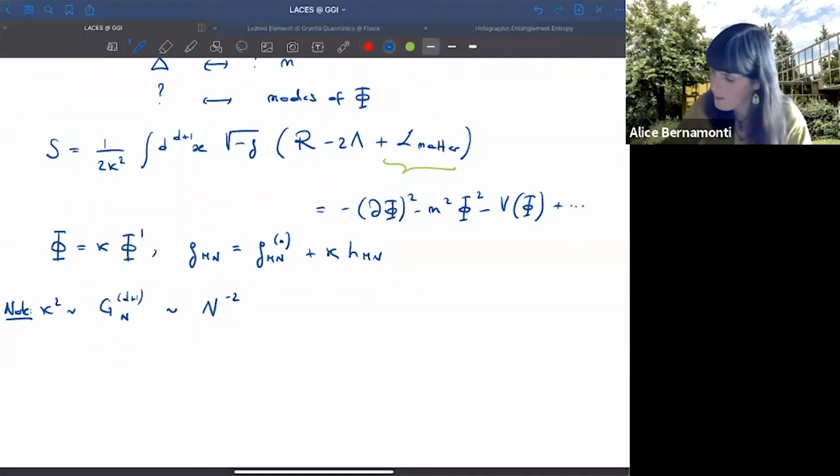And thus, as we take N large, which is the limit in which we are working, since we are interested in the semi-classical gravity limit, this goes to 0.